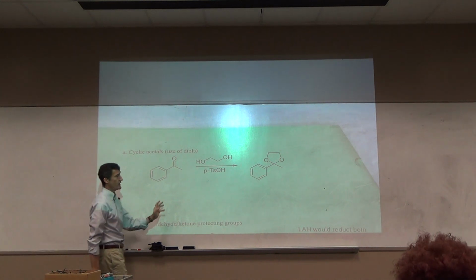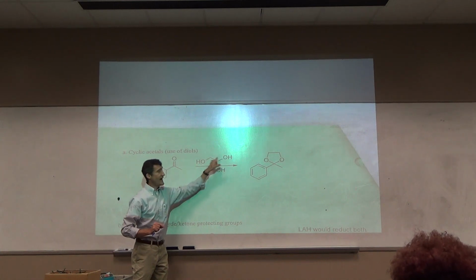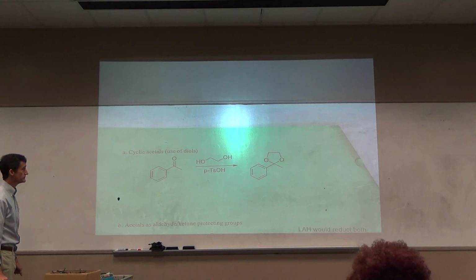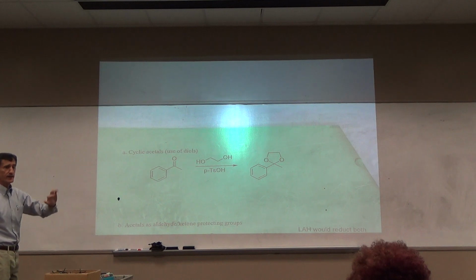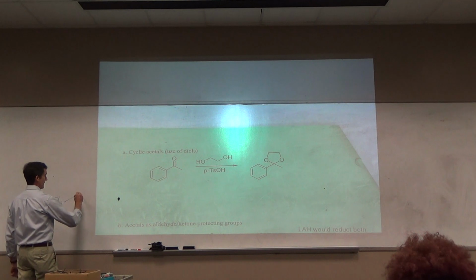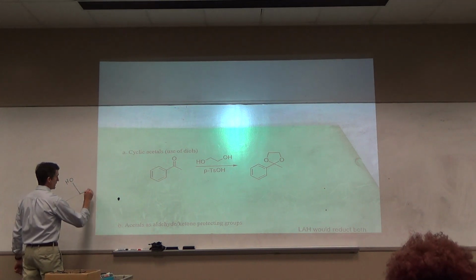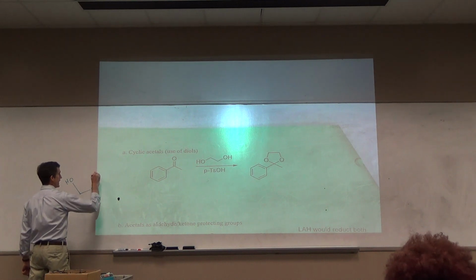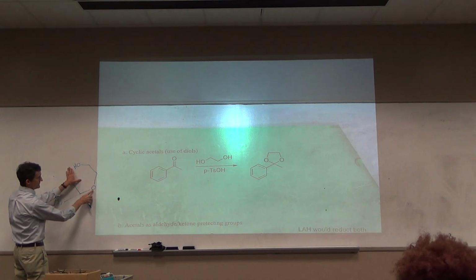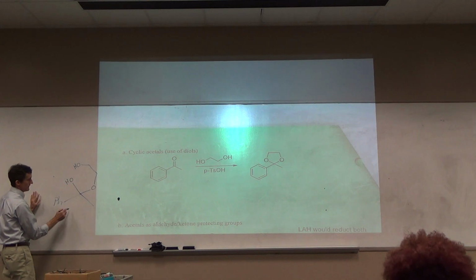This would come from using not two equivalents of a monoalcohol, but one equivalent of a diol. Okay? Now you should work through this mechanism, but basically you're going to get to a point where you have the half acetal, and it's going to be OH and OR, but the R group here is a diol, and so it's got the other OH too.